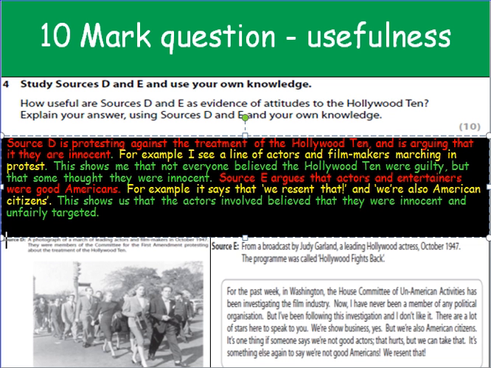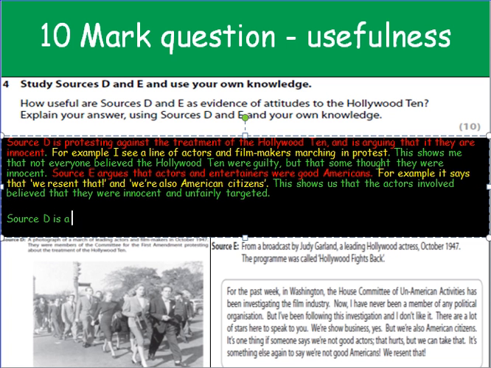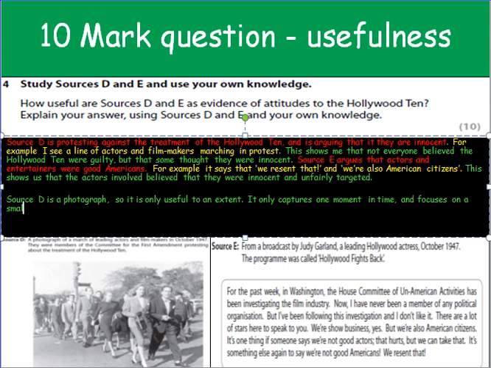Okay, now, who made them? Now, source D is a photograph. Photograph is a wonderful thing. You can say this. Source D is a photograph, so it is only useful to an extent. Remember, photographs only capture a moment in time. It only captures one moment in time and focuses on a small area of the world.